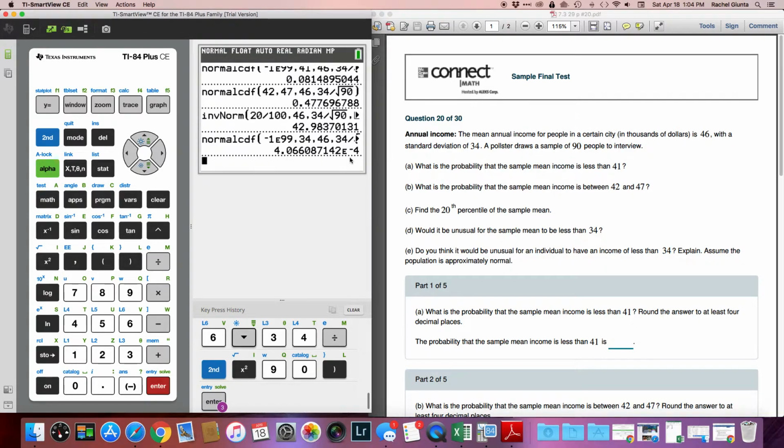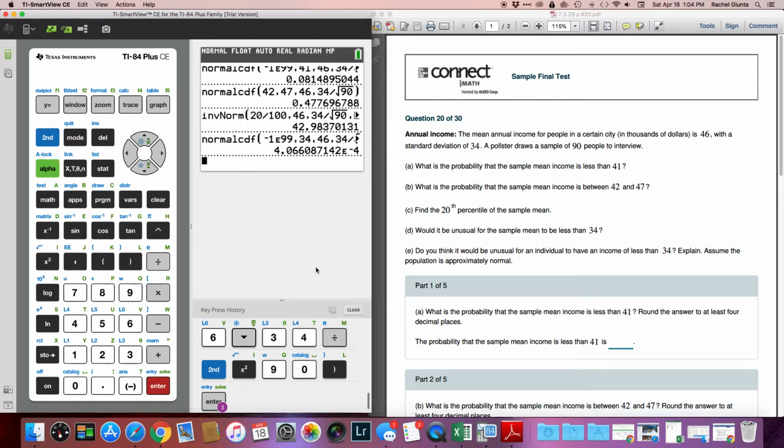But this E minus 4 over here means that you have to move the decimal place 1, 2, 3, 4 to the left, which means that your actual answer is going to be 0.0004. The 4 stays a 4 because the next number is a 0.